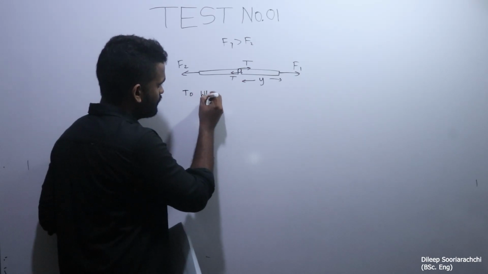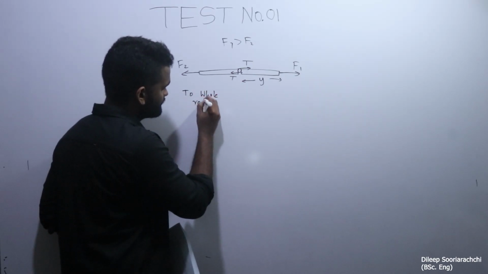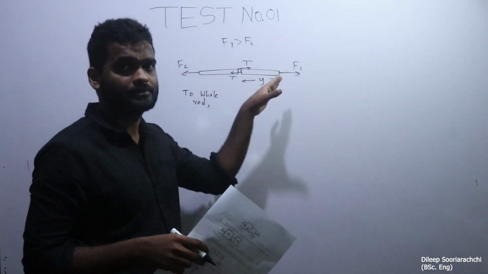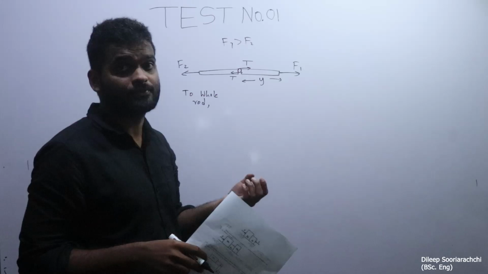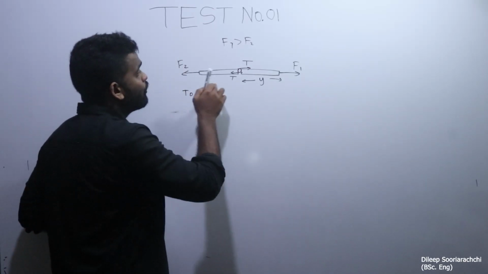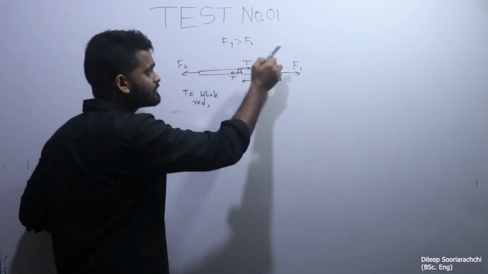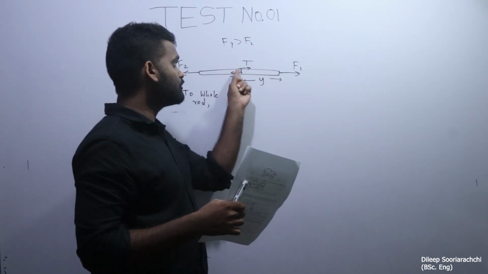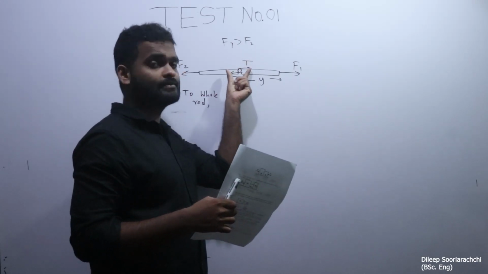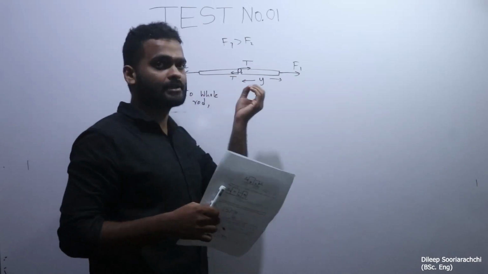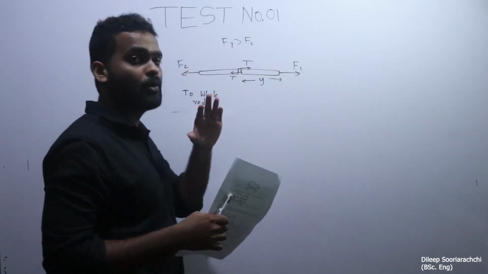Then to the whole rod, you just have to apply F equals ma to the whole rod. This is to find the acceleration first. If we consider the whole rod, these forces T and T are not applied, right? These are internal forces. So if we think about the whole rod, the external forces are F1 and F2 only.